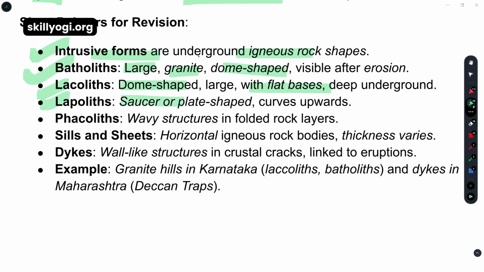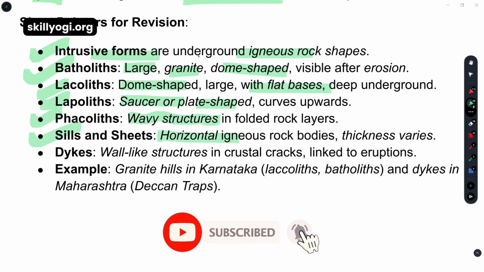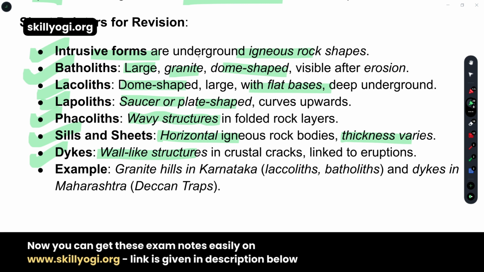Lapolith is a saucer or plate-shaped curve. Phacolith is a wavy structure. Sills are horizontal and thick, sheets are thinner. Dikes are wall-like structures. The example is the granite hills in Karnataka, an example of laccolith and batholith, and dikes in Maharashtra, an example of the Deccan Trap.